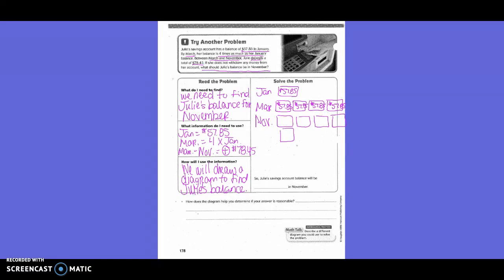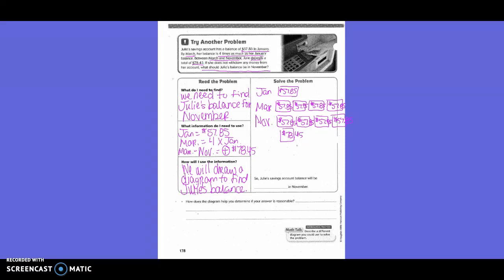What will go in the first 4? $57.85. And then what will go in the 5th box? $78.45.